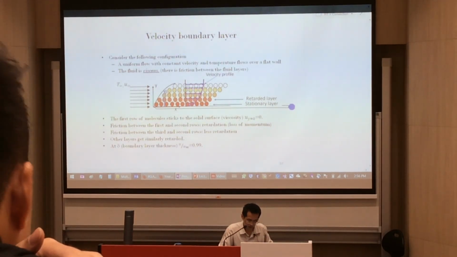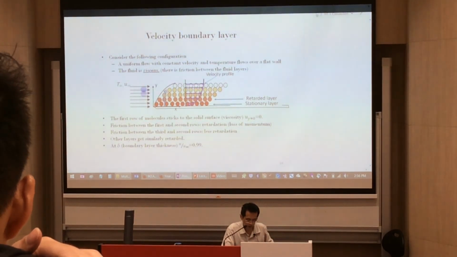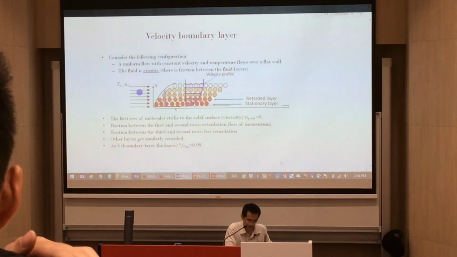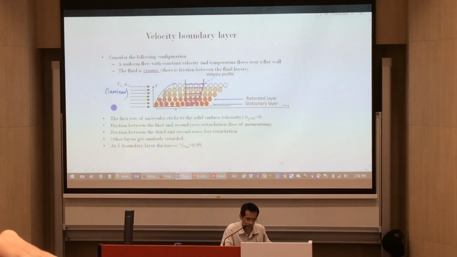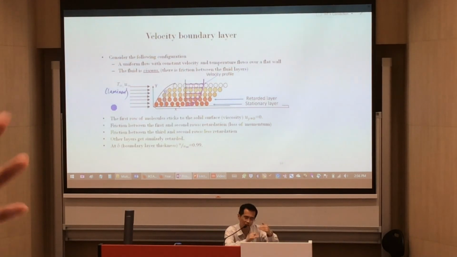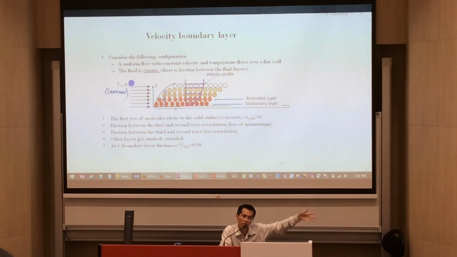screen over here. So there's this background flow, laminar flow. Over here is a laminar flow. Laminar flow just means that it's not turbulent. The flow is kind of streamlined. And it has this velocity and temperature, T infinity and U infinity. That's your background flow.